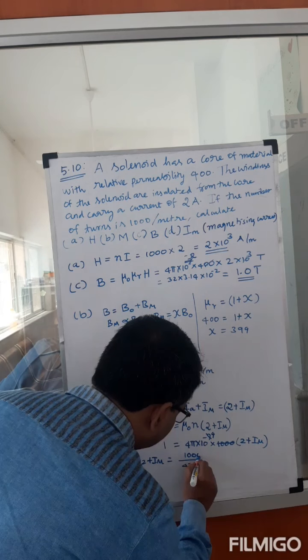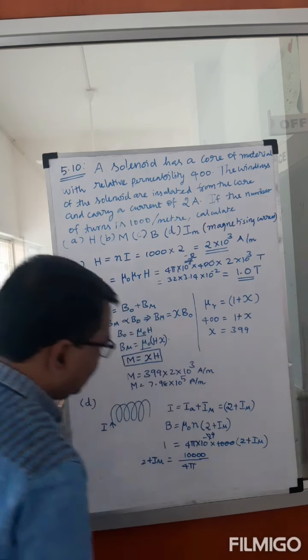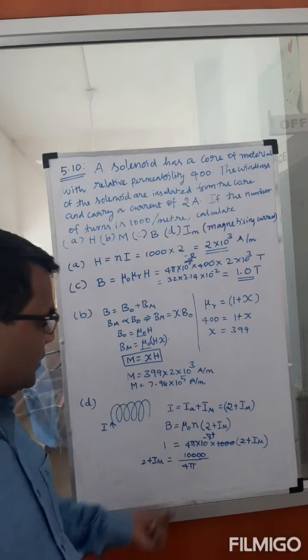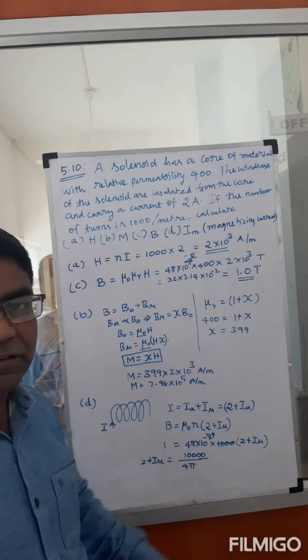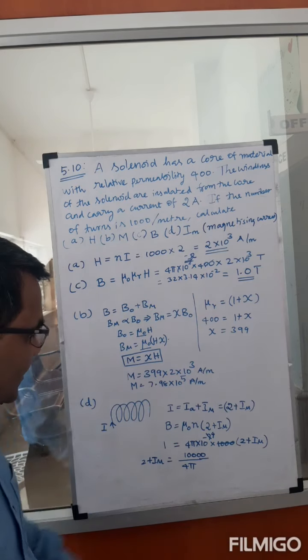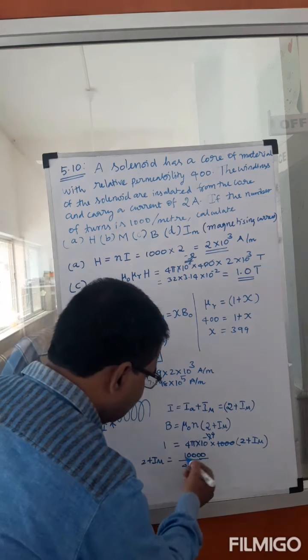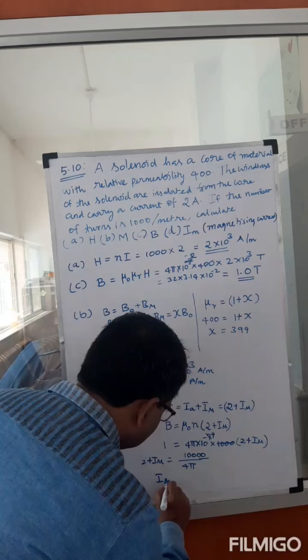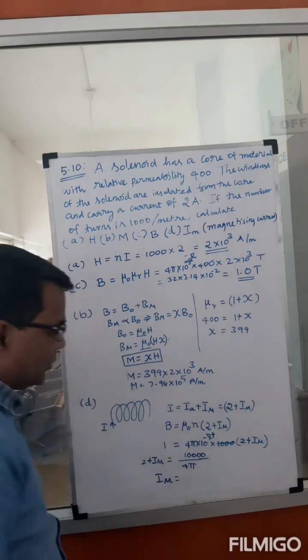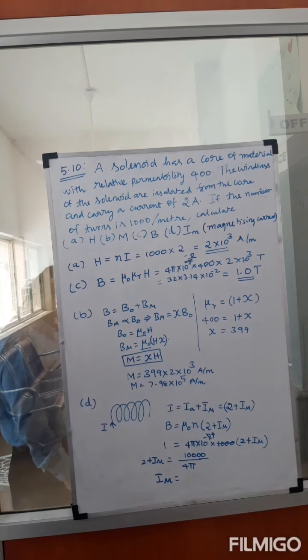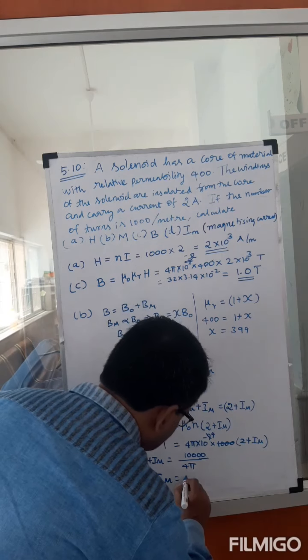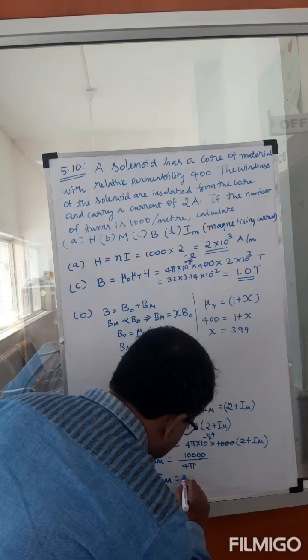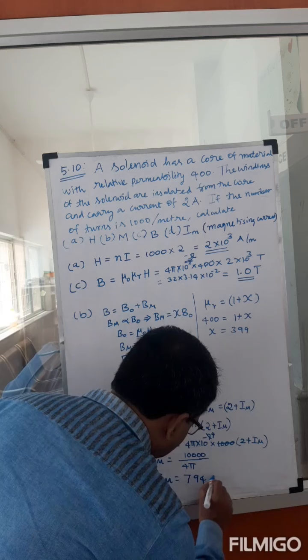So 10,000 divided by 12.56 or so. That will give you this Im. If we do all this, then the magnetizing current is given as 794 amperes.